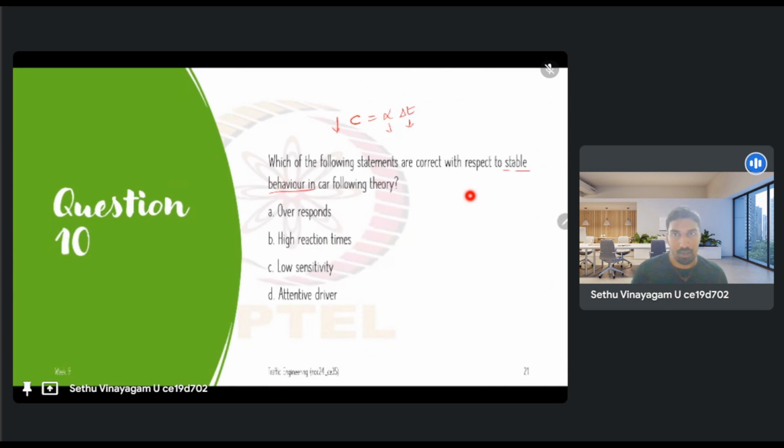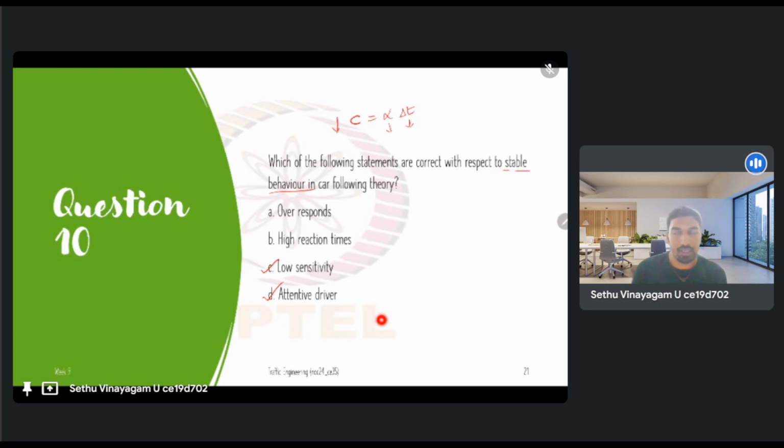Which means option C: the sensitivity should be low and the reaction time has to be lower. Lower reaction time means the driver is attentive, keenly following the leader's movements, and any change results in a quick response from the following driver.